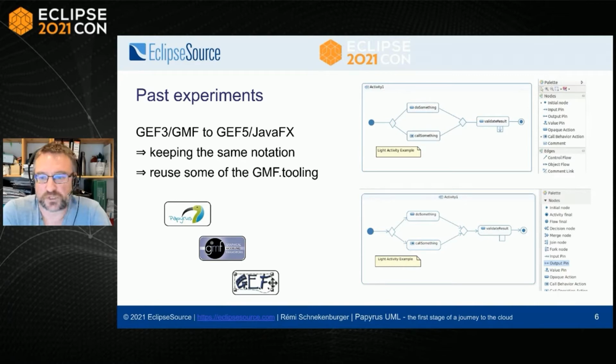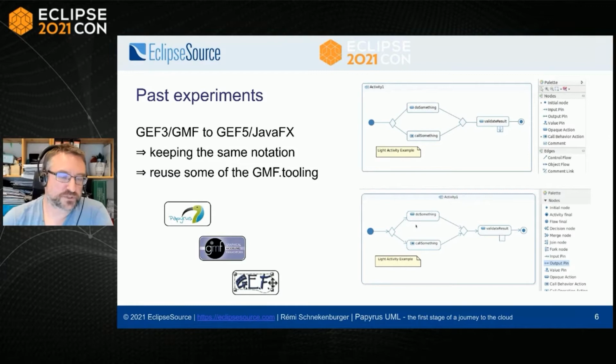The goal was to keep the same notation for the diagrams and reuse some part of the GMF tooling definition of the diagrams, while just updating the rendering and benefiting from, for example, the performances that JavaFX allows compared to Draw2D and SWT.